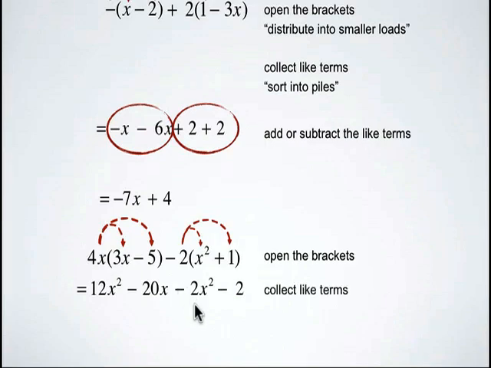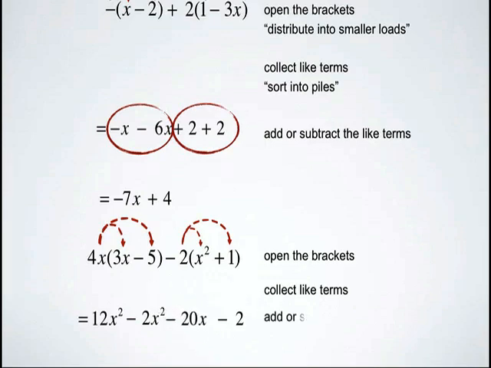Now we're going to collect like terms or do our sorting into piles. 12x squared, take away 2x squared. Negative 20x, subtract 2. We're going to add or subtract the like terms. Well, in this case, we only have one set of like terms, the x squareds. 12x squareds, take away 2x squareds, leaves me with 10x squareds.